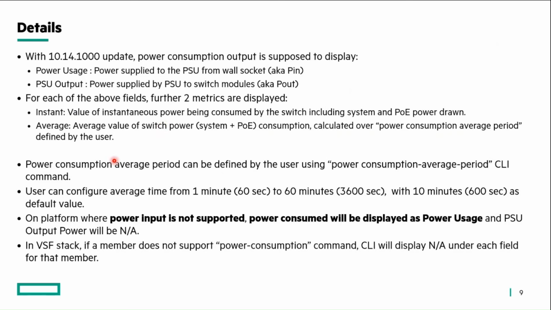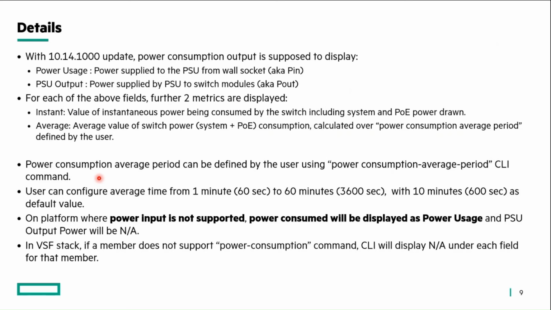The power consumption average period can be user defined by this command, which is power-consumption average-period. The user can configure the average time from 1 minute, which is 60 seconds, to 60 minutes, which is 3600 seconds, with 10 minutes or 600 seconds as the default value.